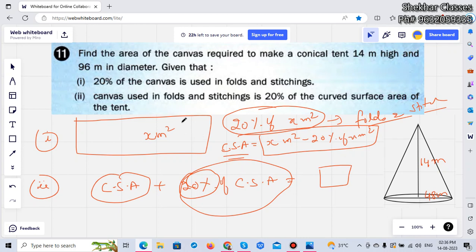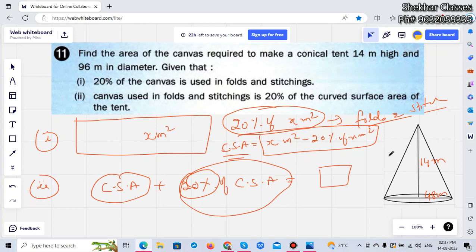So, two different situations. Got the point? A lot of people commit the mistake. They see 20% of the canvas used in folds, so they find the curved surface area and add 20% to it. No, that is only if they have given you this situation. In case they have not, then say he has bought a certain amount of canvas, and 20% of that canvas area has been used in folds and stitching.